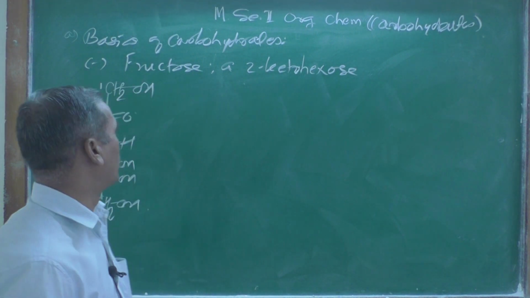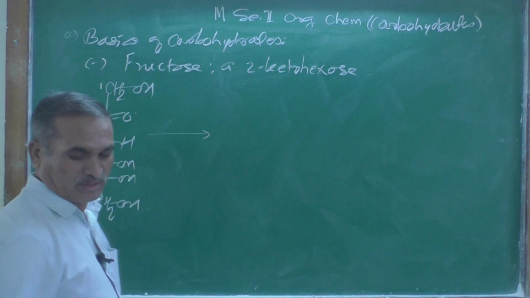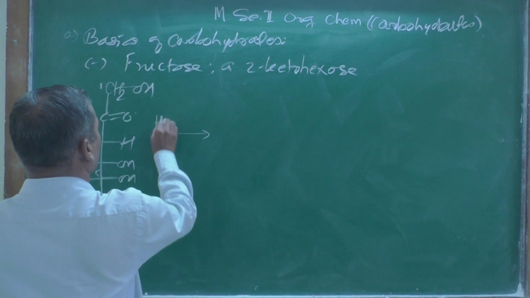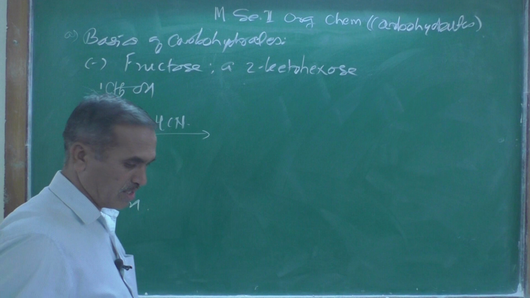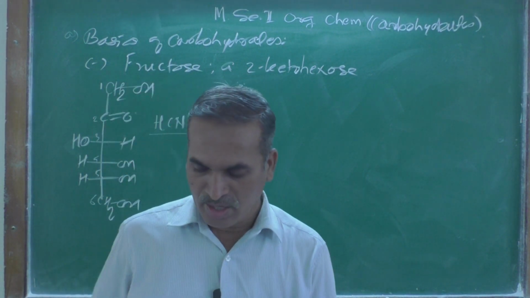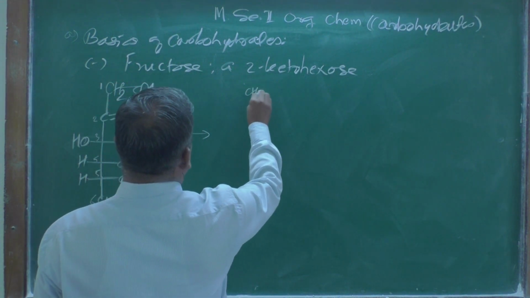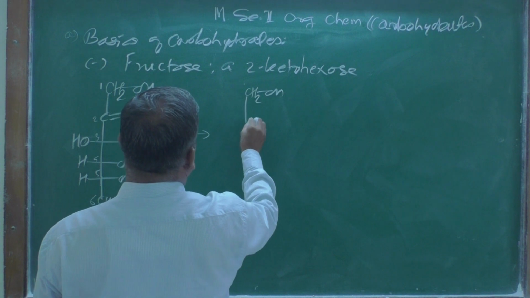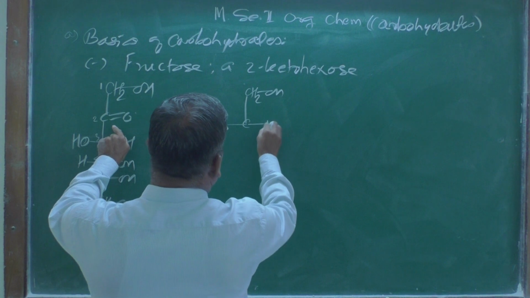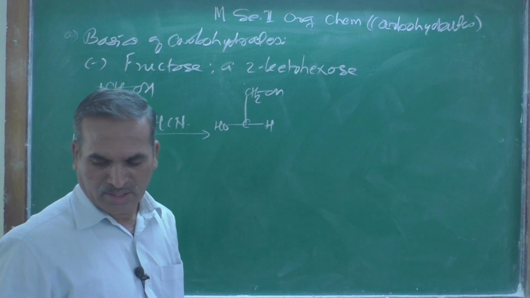Let us see here: when the carbonyl group is treated with a compound like hydrogen cyanide, it forms the cyanohydrin derivative. Here is CH2OH, then on this carbon atom you can write OH and CN, either this side or that side, it doesn't matter.